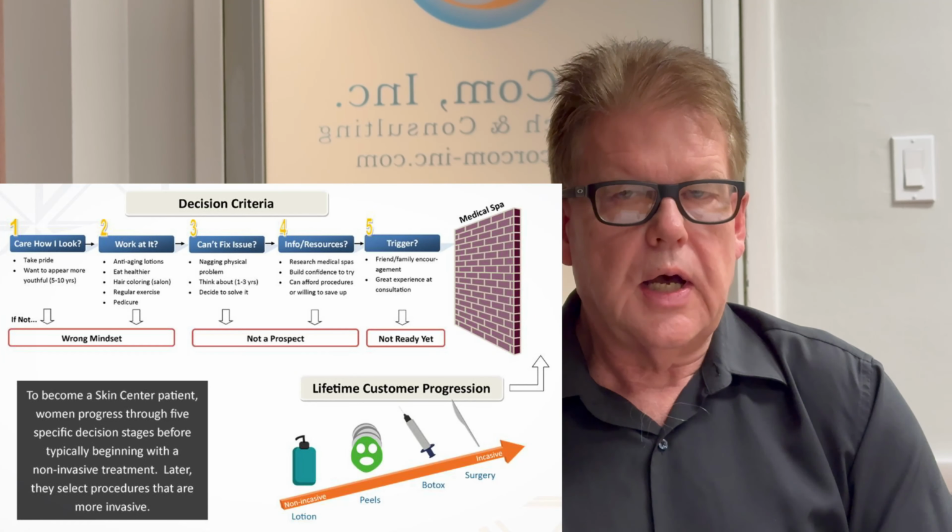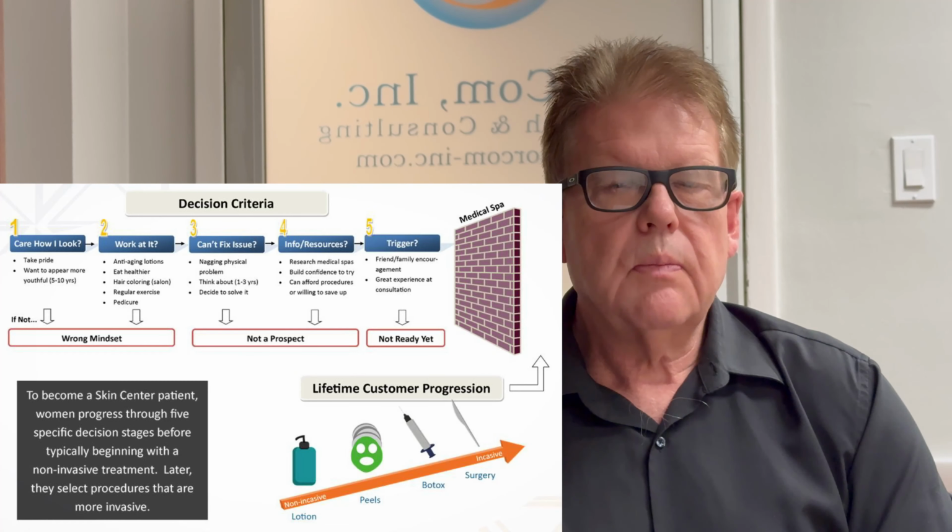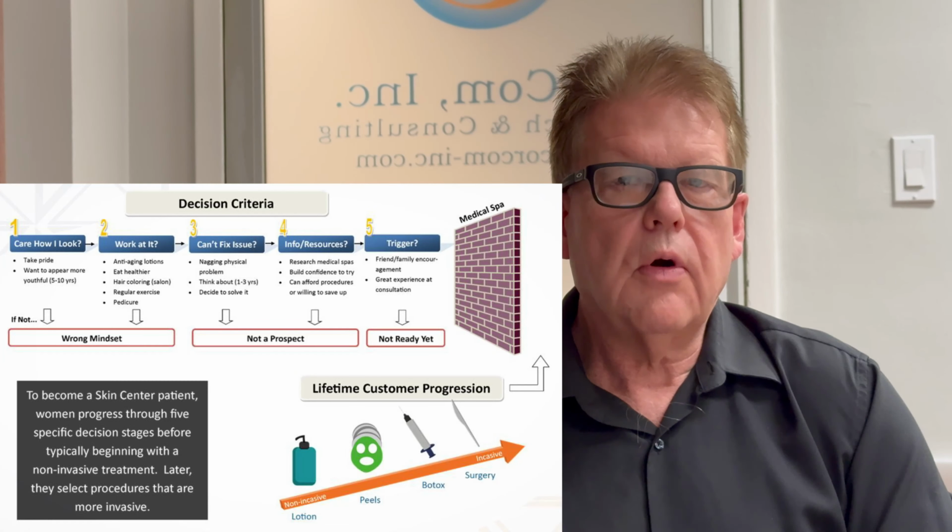If the company, or in this case the physician's office, could convince somebody that they should get Botox to get rid of some of the wrinkles on their forehead or somewhere else, then they were much more likely to eventually go through a facelift or some sort of major surgery. So there was a whole process to it.